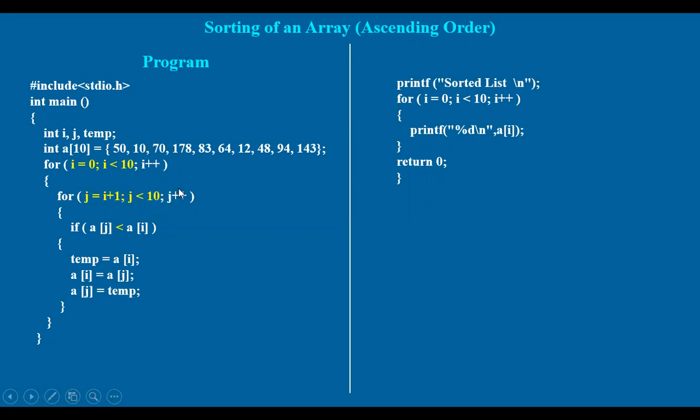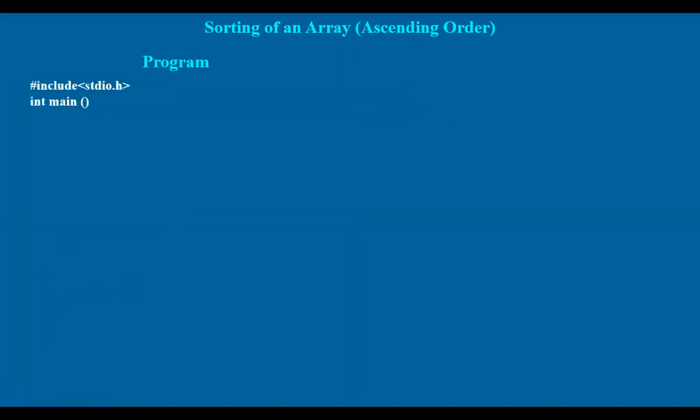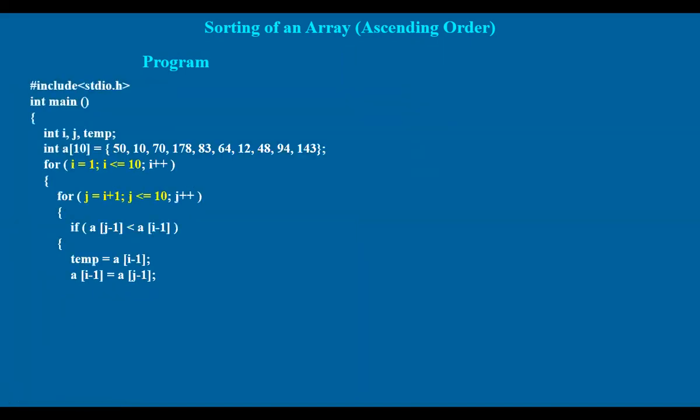So to avoid that sort of confusion, in this case we have taken the numbers from 0 to 9, and also from the second number we are comparing up to this 9. 9 is the last one because it is starting with 0. So this sort of confusion or uneasiness may be there. To avoid that, we write the same program differently.